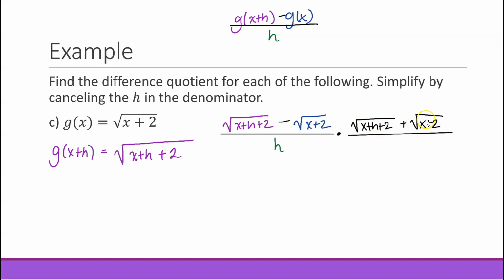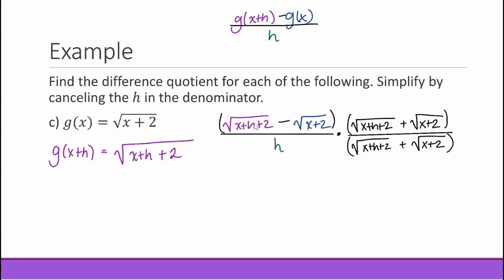And if I multiply by that on the top, I have to multiply by that same exact thing on the bottom, because it's like multiplying by 1. Same thing over the same thing. So we want to be careful here. These are binomials. They're two terms. So we do want to keep parentheses around them. So now what's going to happen when I multiply by a conjugate, something nice will happen.